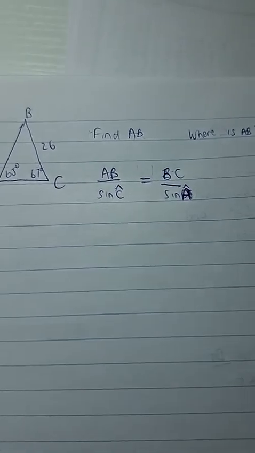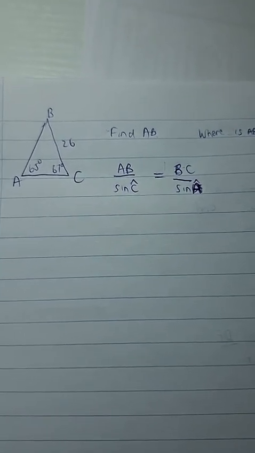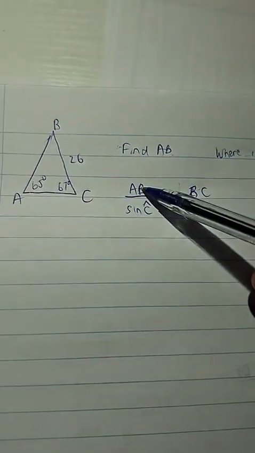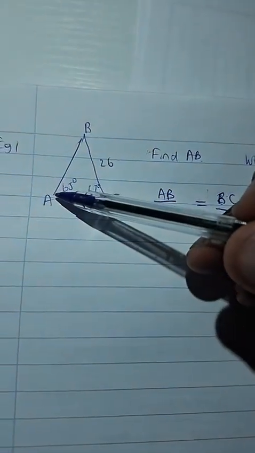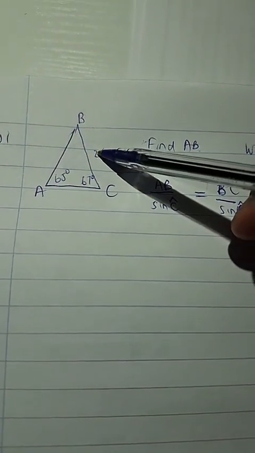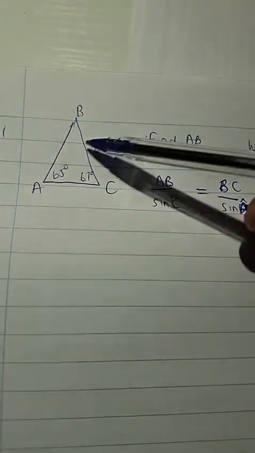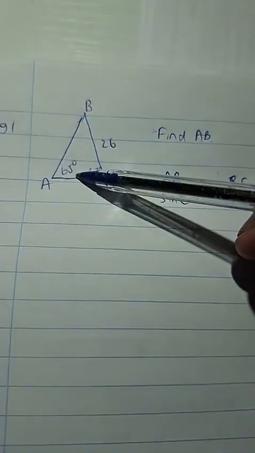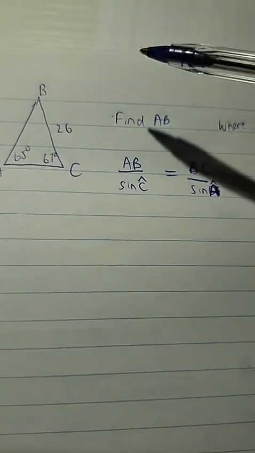So to begin, I write generally, then now I can substitute. That's why I was saying to you guys initially that if we write angle A, this is small letter a. Whether you say a over sine of angle A, and then small letter c over sine of angle C, is unimportant.